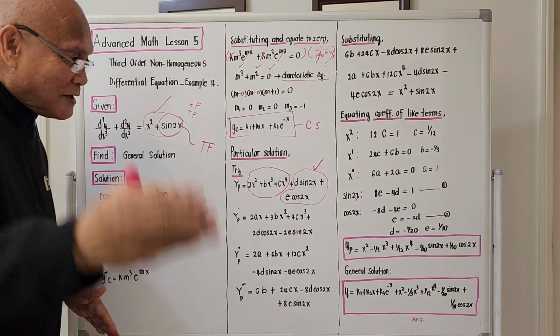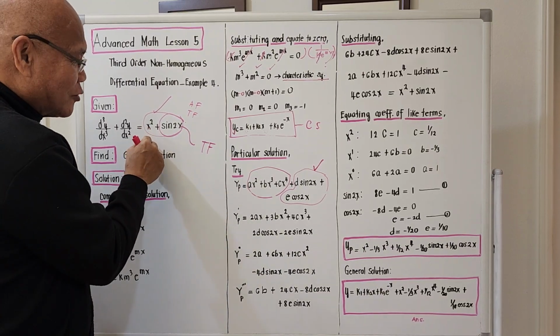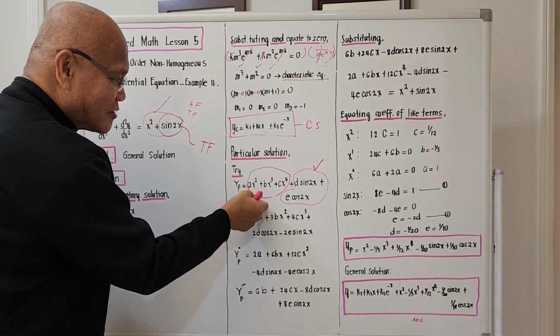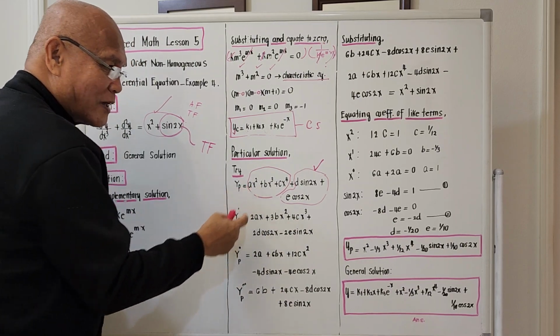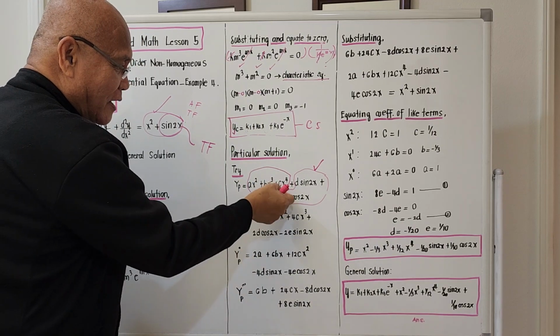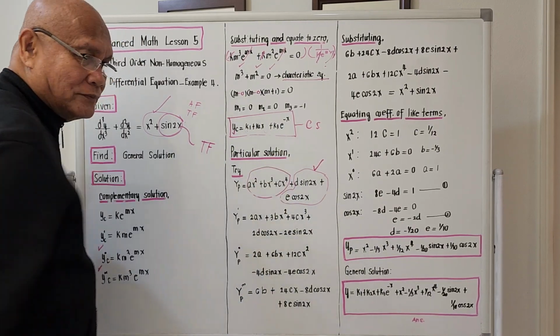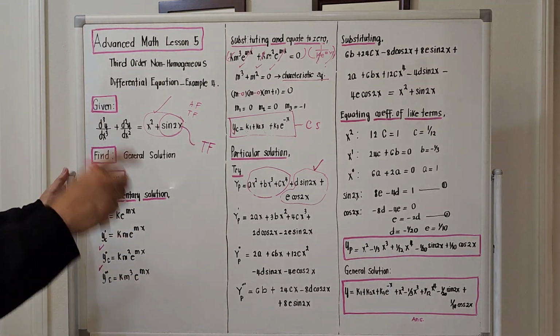Since I am the one teaching, I am saying that the particular solution of this x squared here will be a sum of three terms: an unknown constant a times x squared, plus an unknown constant b times x cubed, plus an unknown constant c times x to the fourth. Okay? Let's take the first derivative of the particular solution.